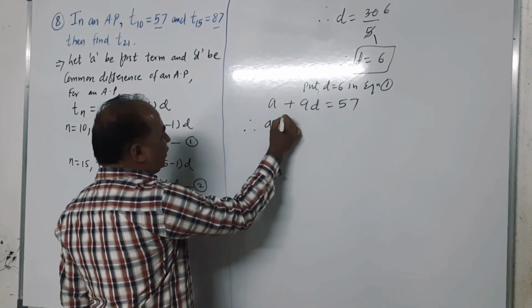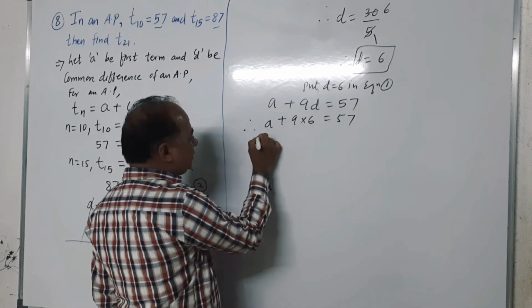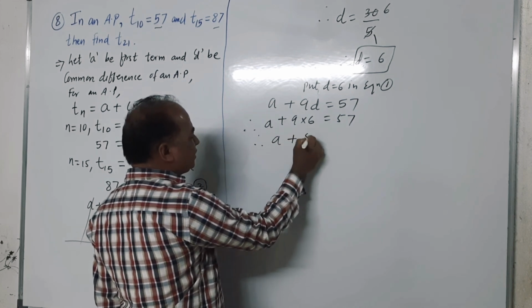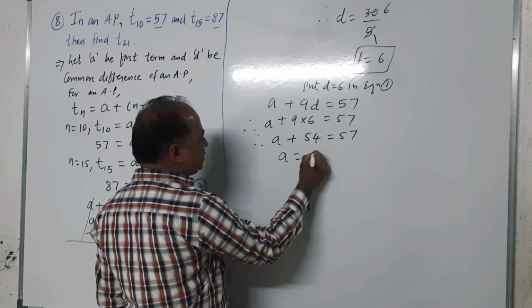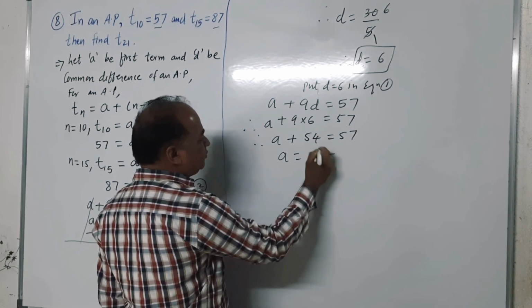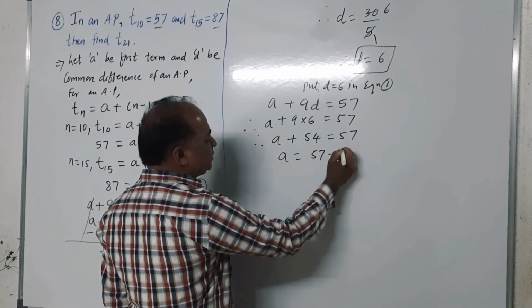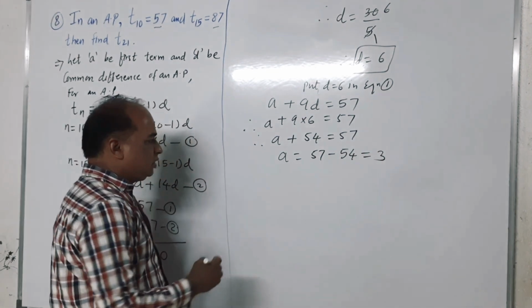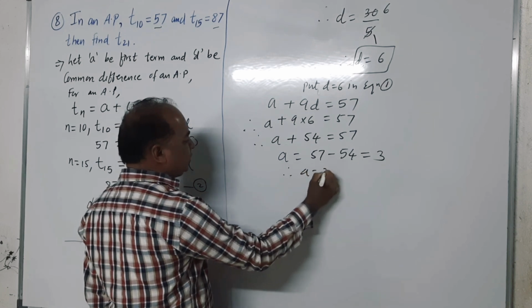Therefore a plus 9 into 6 is equal to 57. a plus 54 is equal to 57. Therefore a is equal to 57 minus 54, which is equal to 3. Therefore a is equal to 3.